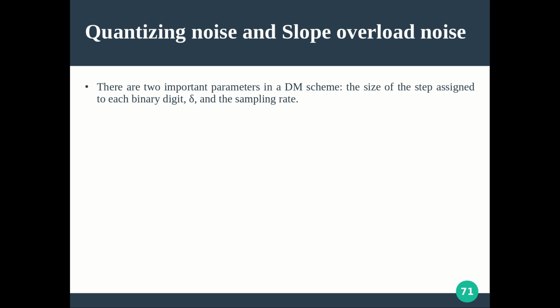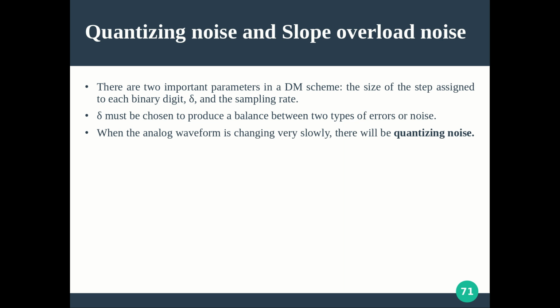There are two important parameters in a delta modulation scheme that determine the efficiency of the technique: the size of the step that is assigned to each binary digit, that is delta, and the sampling rate. We have already seen how we can increase or decrease two types of noise by adjusting delta. It has to be chosen to produce a balance between two types of noise or errors.